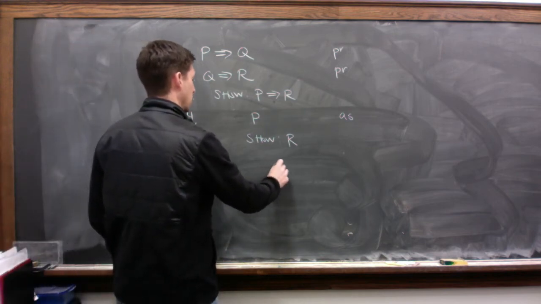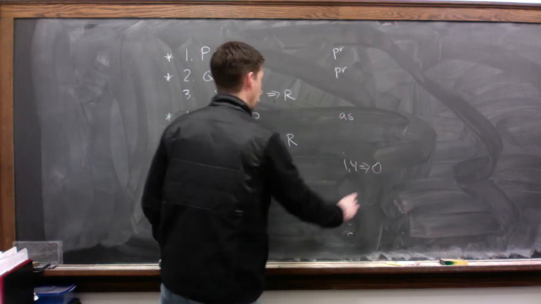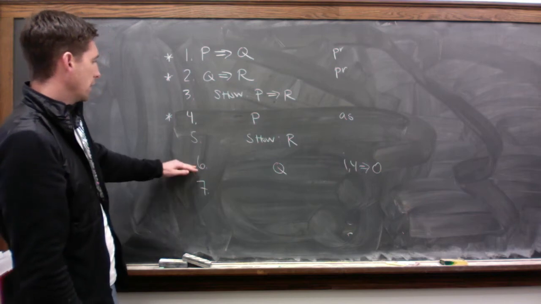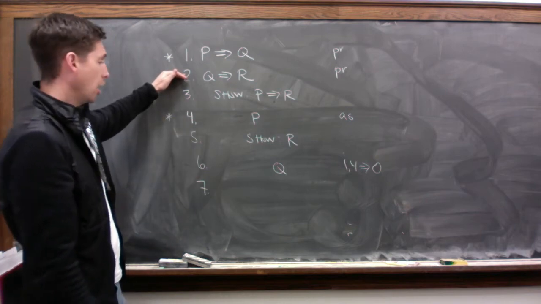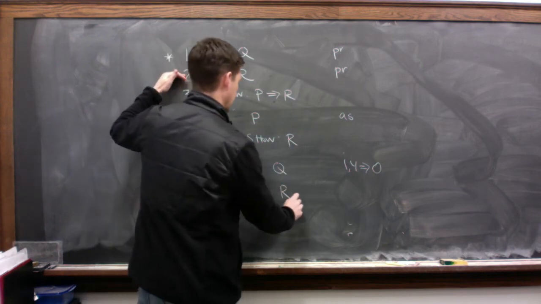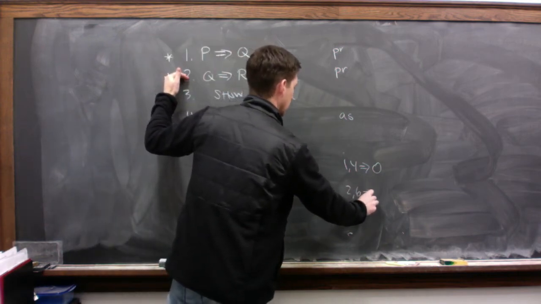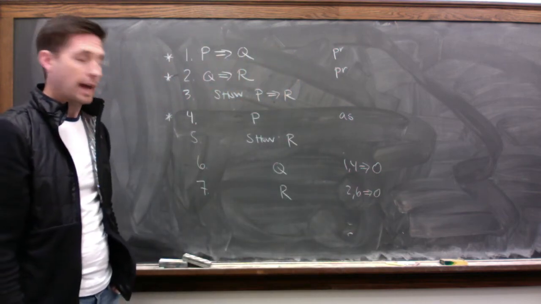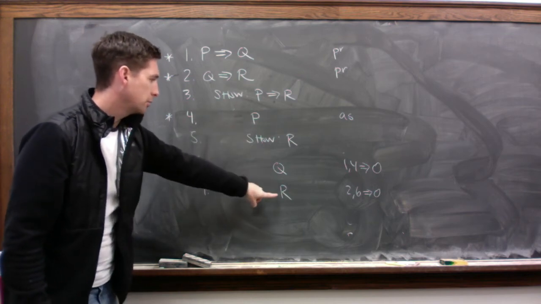So we're going to write down Q from 1 and 4 by arrow out. Now we've got Q, and we've got Q arrow R, so we can get R again by arrow out. That's from 2 and 6 by arrow out. And look, we were able to do it. From the assumption that P, we were able to derive R.